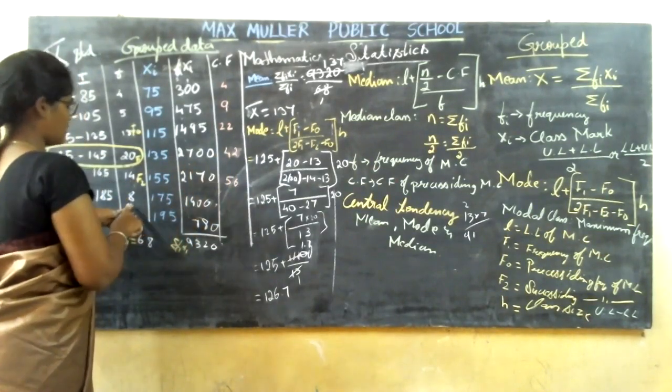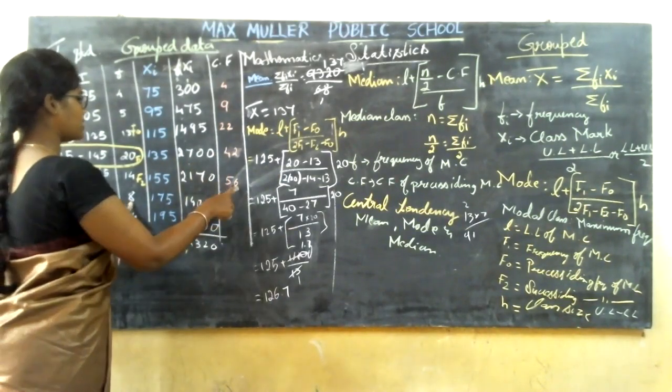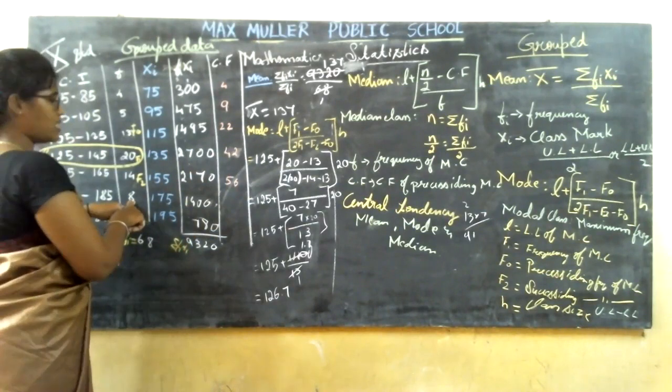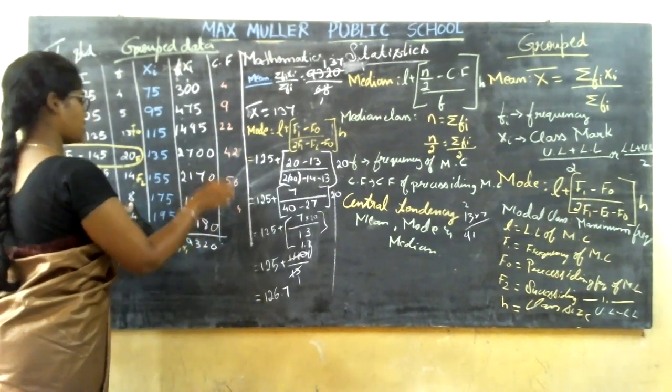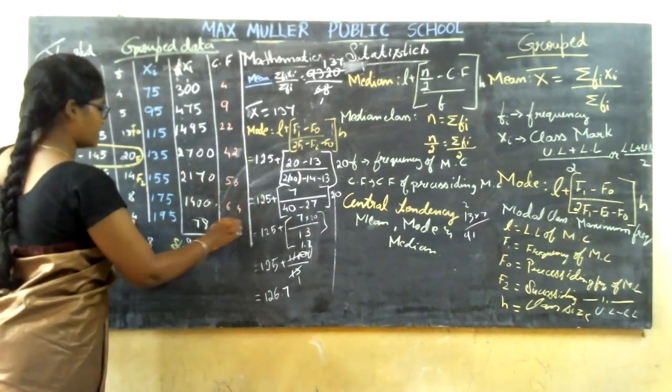Next 56 plus 8: 6 plus 4 is 10, 1 carry, so 64. Then 4 plus 4 is 8, so 68.